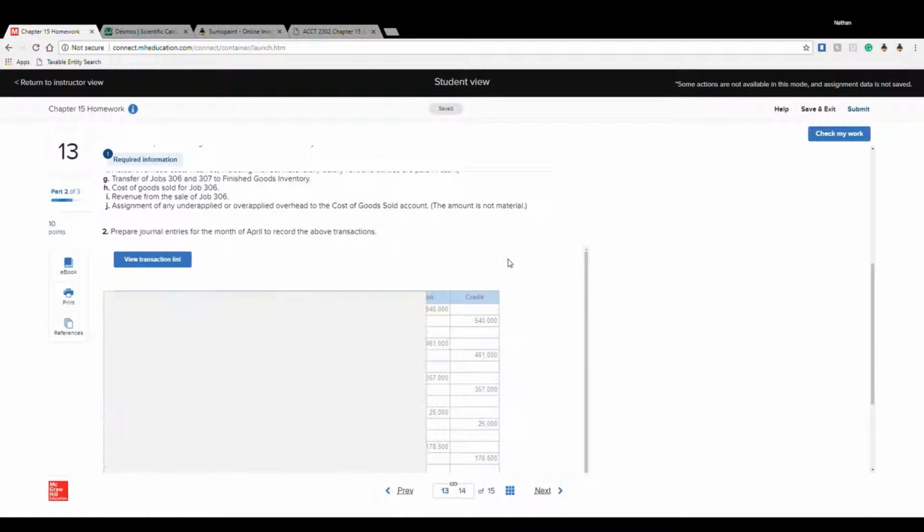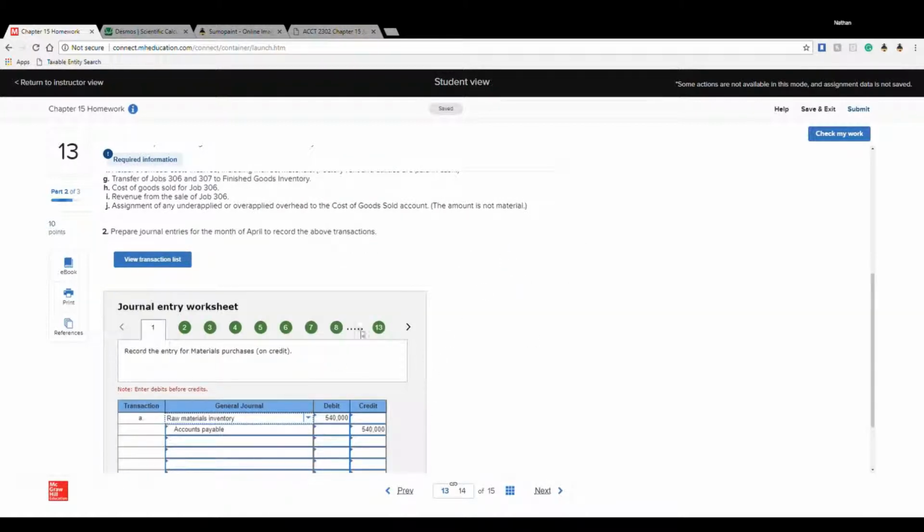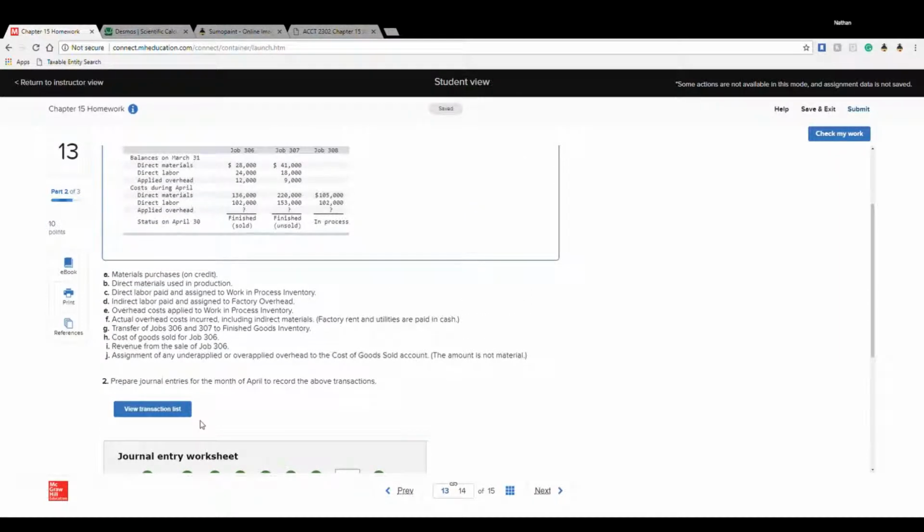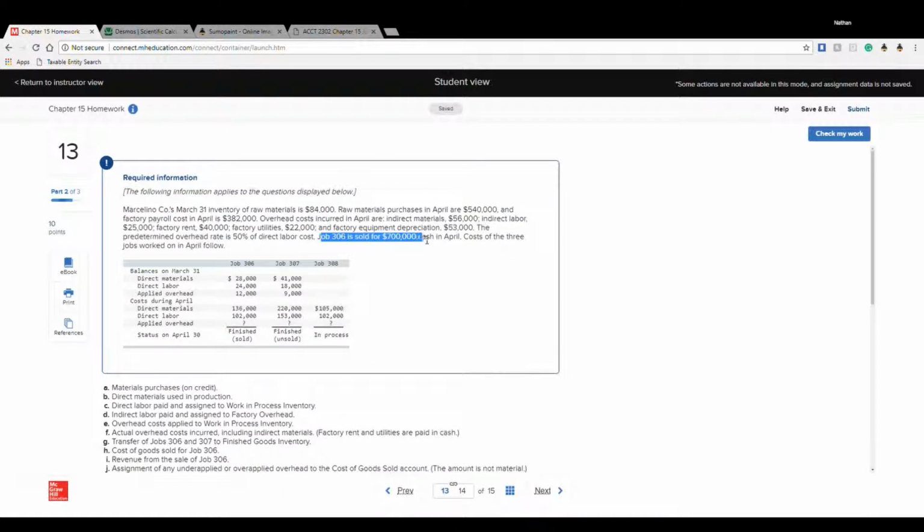Okay, 13's almost done. So 8, 9, 10, 11, 12. So now we record the actual revenue of the job. When we sell it, we check to see if we got cash or it was on credit. Here it said it was sold for 700,000 cash.